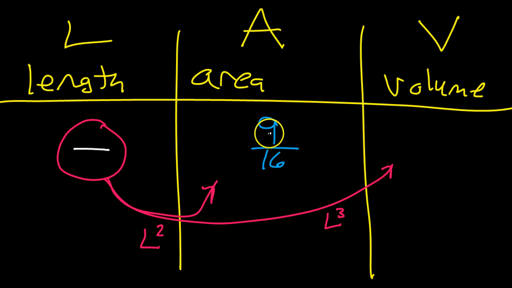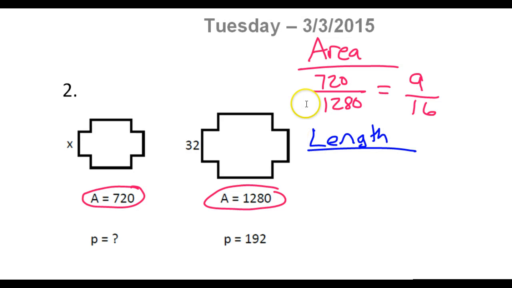Well, 9 comes from squaring 3, and 16 comes from squaring 4. So we have to think backwards. It's the square root of 9 and the square root of 16. So if the area scale factor is 9/16, the length scale factor must be 3/4.